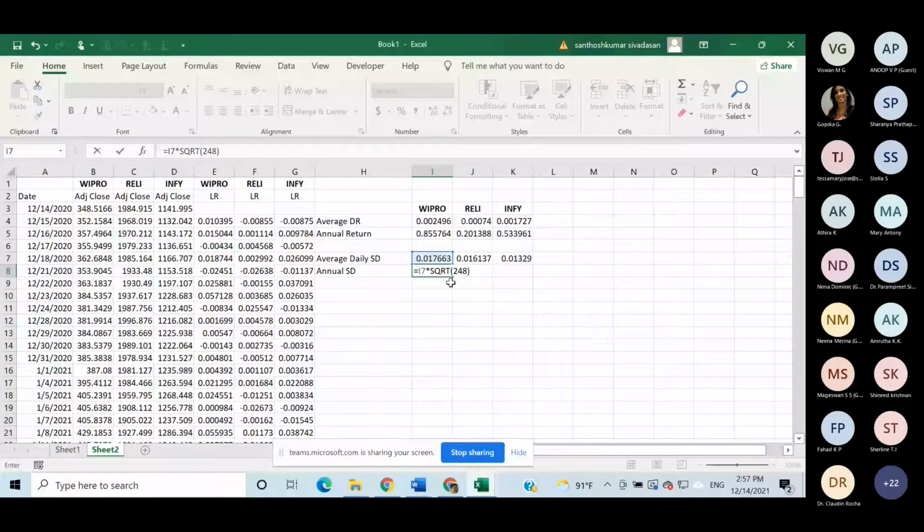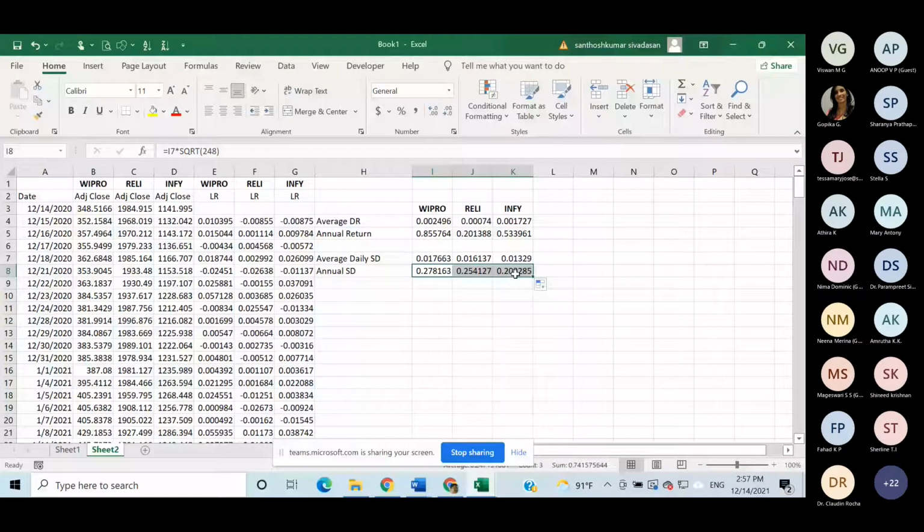So if you drag it, you will get the annual standard deviation.